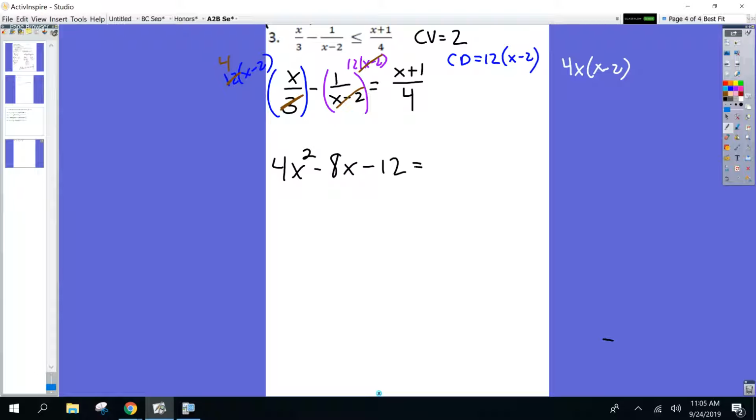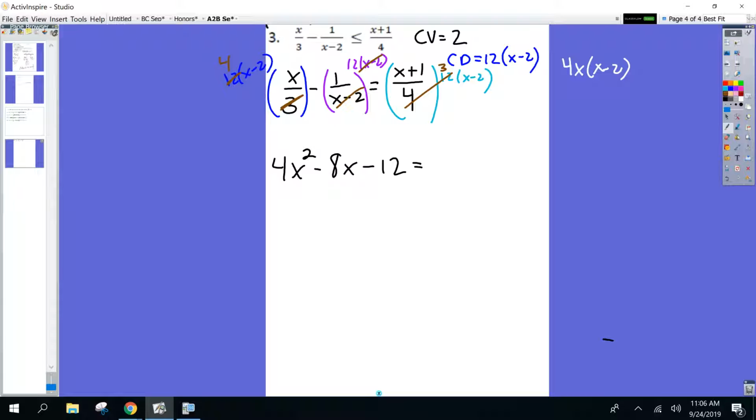Equals. Same thing, 12 times x minus 2. What cancels now? Okay, the 4 and the 12, but what's left? A 3. Once again, 3 things to multiply. I would probably take the 3 and one of the parentheses to multiply first.